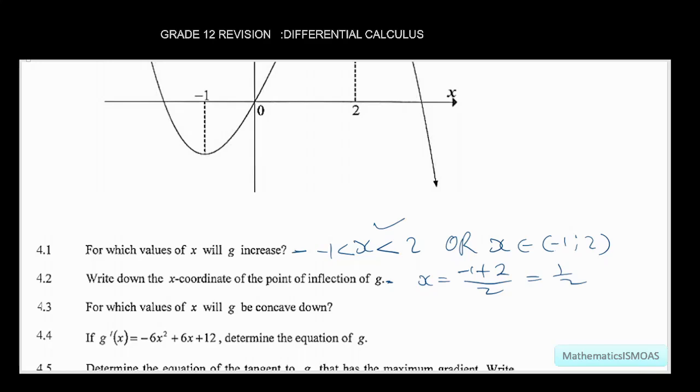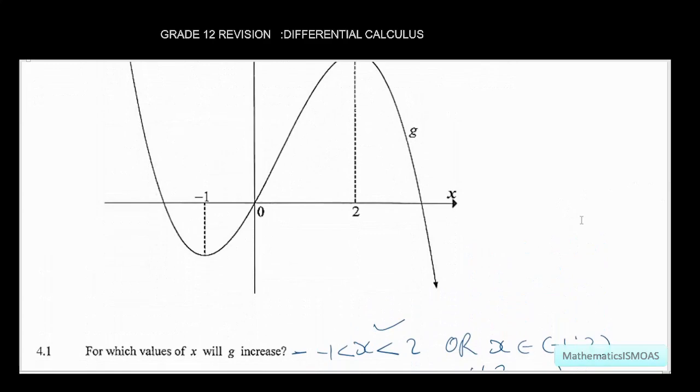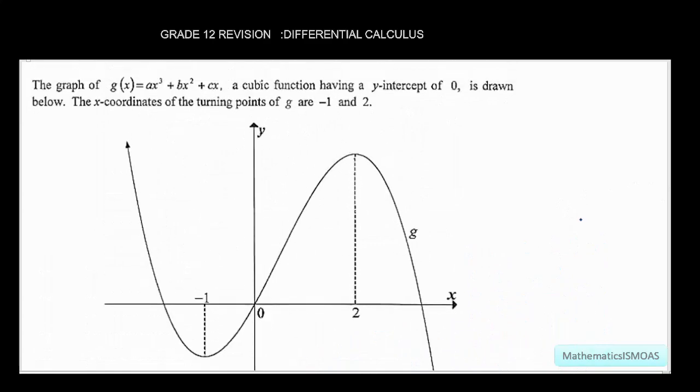Now 4.3, for which values of x will g be concave down? So let's say our point of inflection will be somewhere here where x is 1 over 2, the x value of the point of inflection. So where are we going concave up?